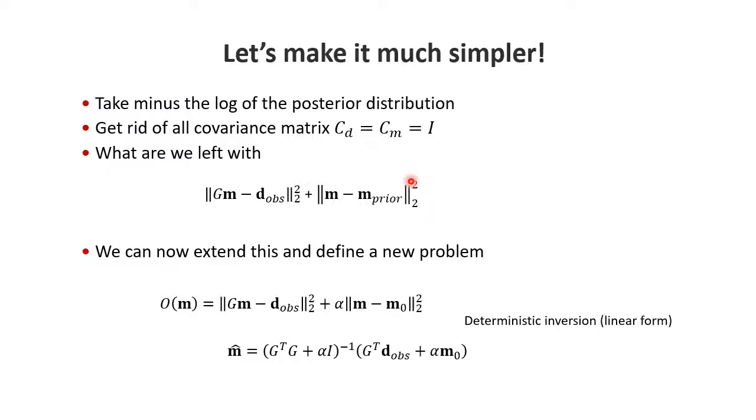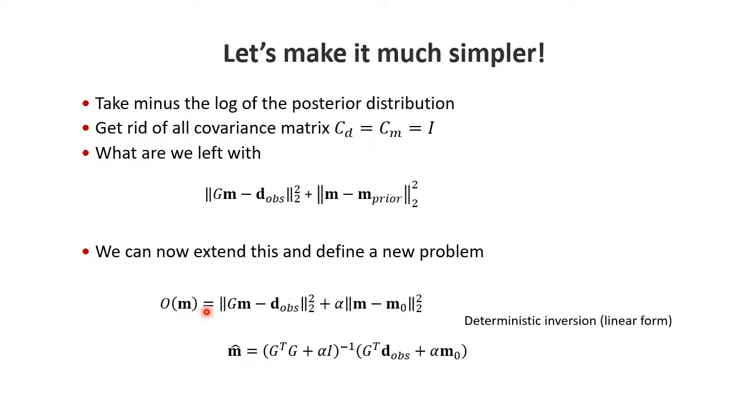But nevertheless, we can formulate this objective function, which is saying that I have an objective function that consists of two parts. One part has to do with the difference between my observation and what I forward modeled, which is a linear function. And the second part has to do with how much I deviate from some initial guess that I have, which is this part. And so we can change this M prior into any kind of initial reference model or initial guess.